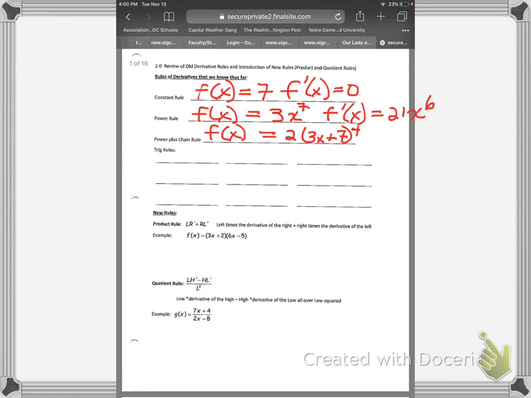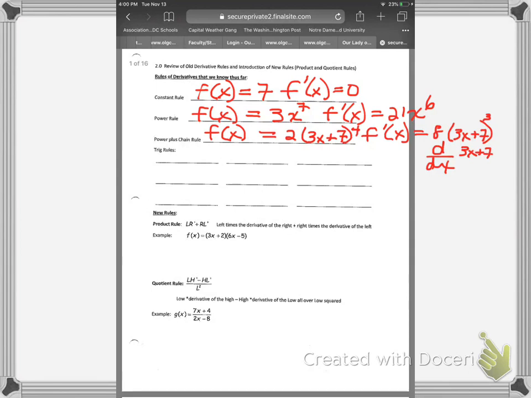So that derivative would be f prime of x equals, and I'm going to probably use a lot of space here, the 4 comes down to the 2 and makes that an 8. So I have 8 times (3x plus 7) to the 3rd, but then I have to tell myself I'm going to take the derivative with respect to x of what's inside.